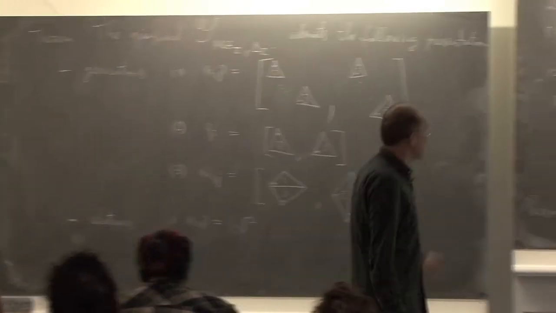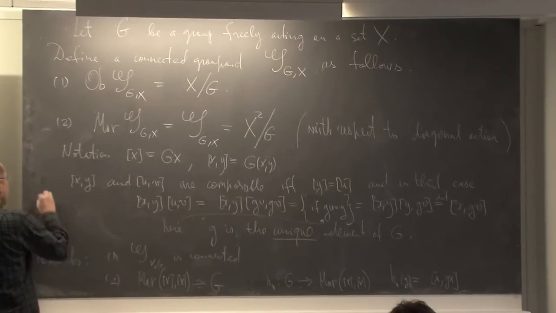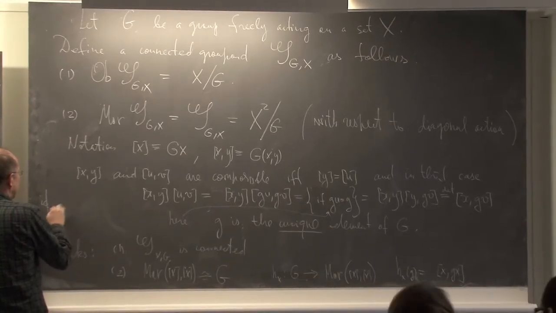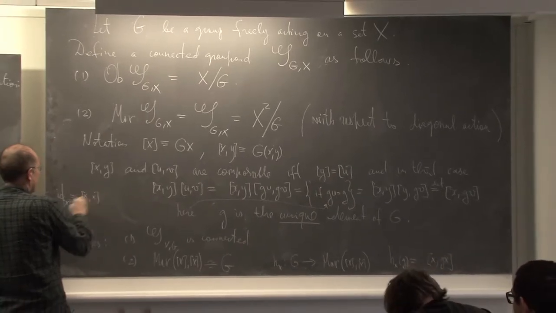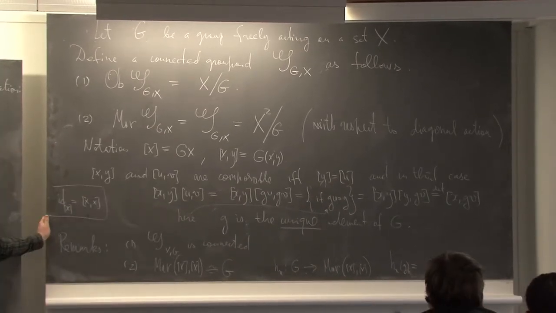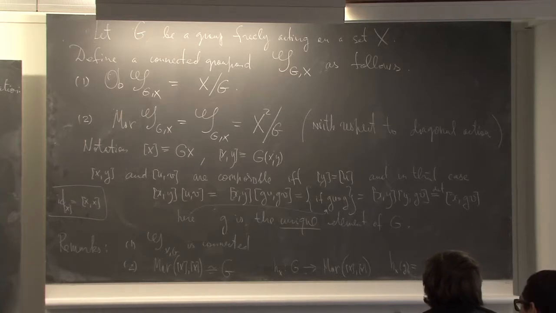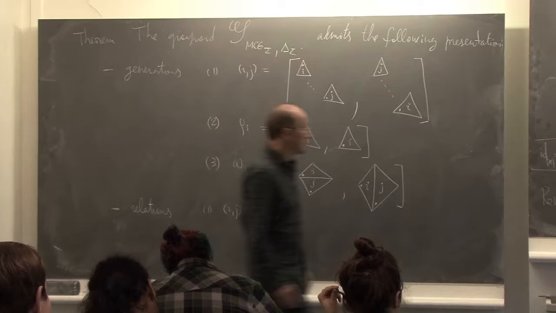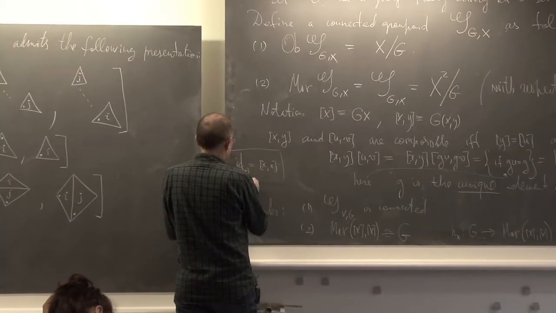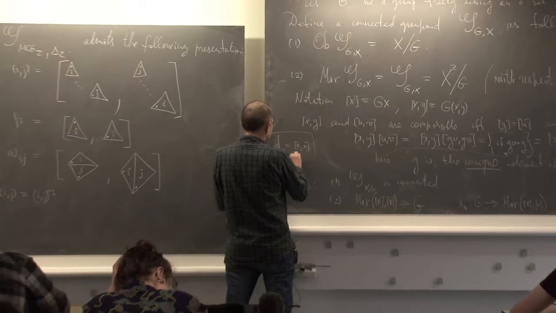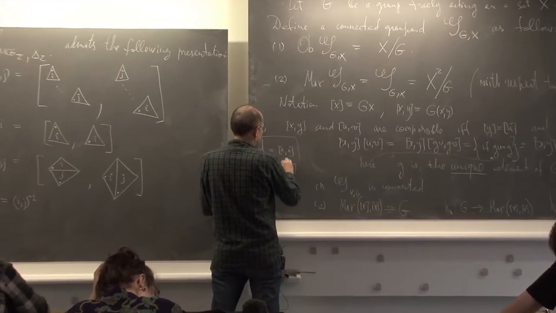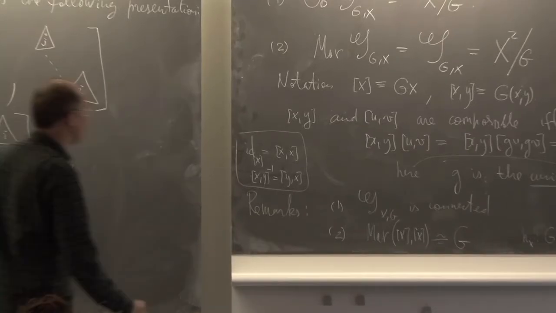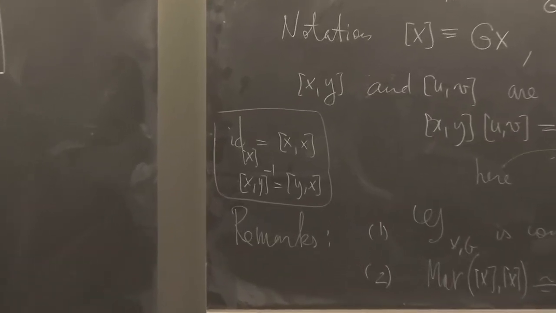Yeah, I didn't say here, but it's clear that the identity of x is x, the orbit. And also the inverse of xy is equal to yx. So ij is an order 2 element.